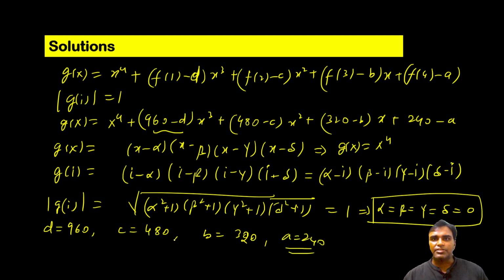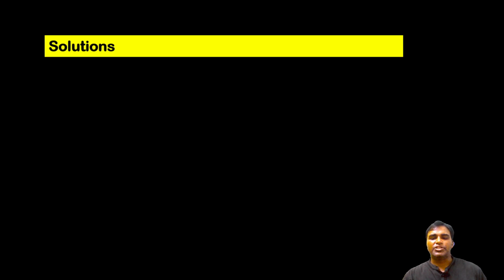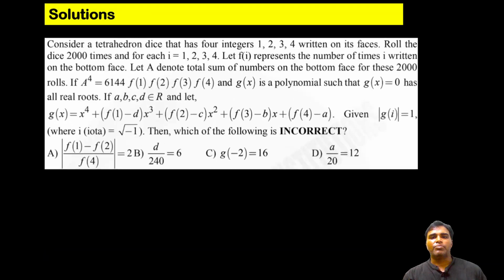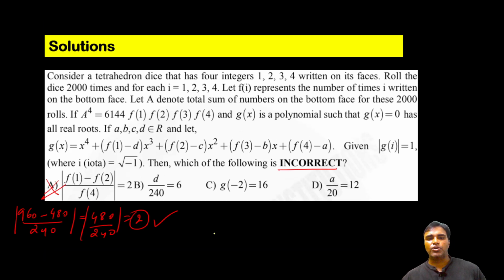Understand how we thought on this? We have taken the modulus which is coming as 1. Only alpha, beta, gamma, delta equal to 0 will satisfy this equation. So basically we got our ABCD also.